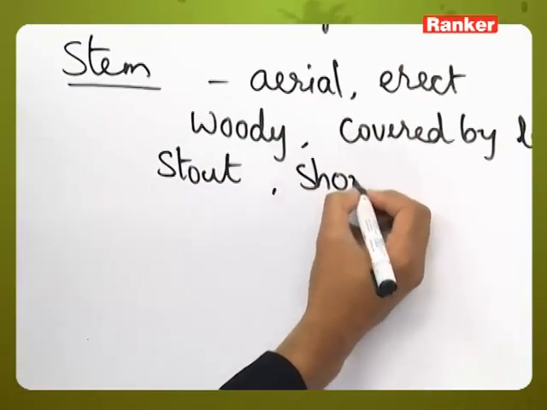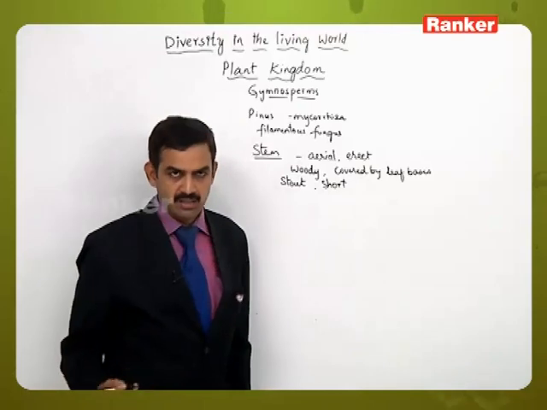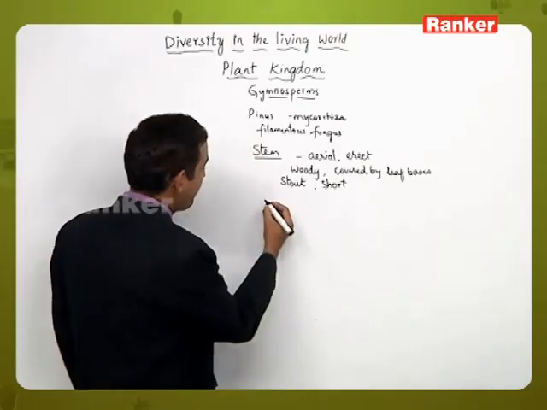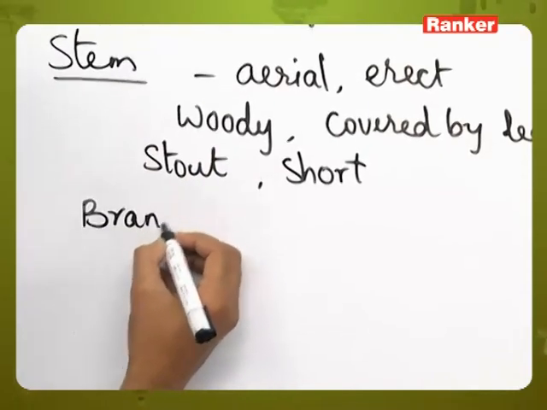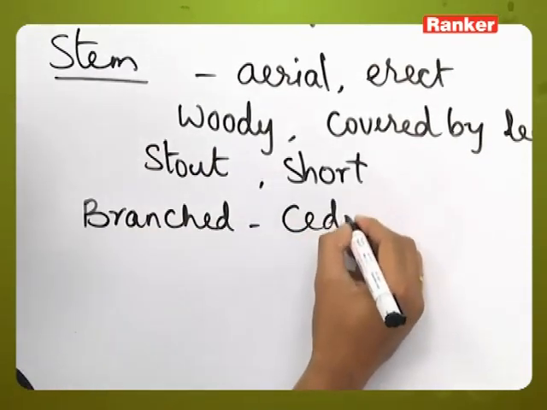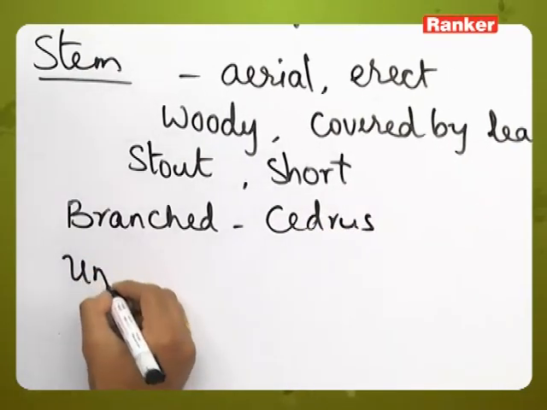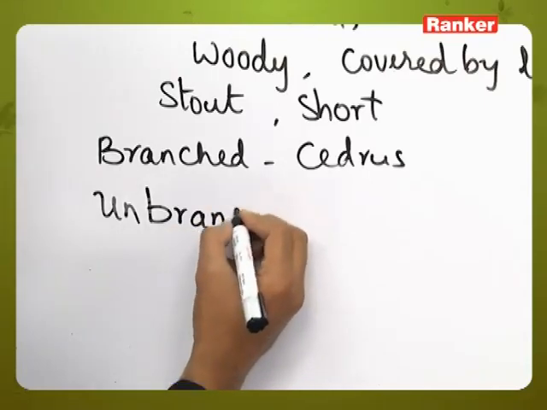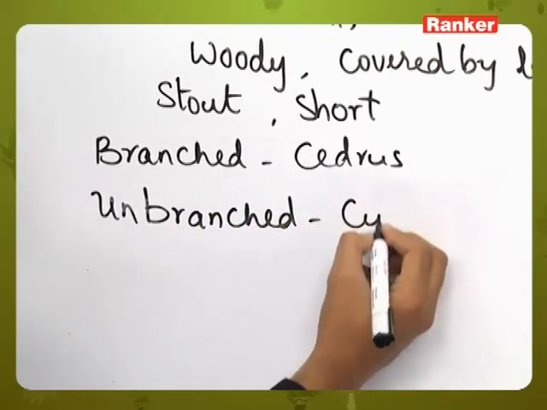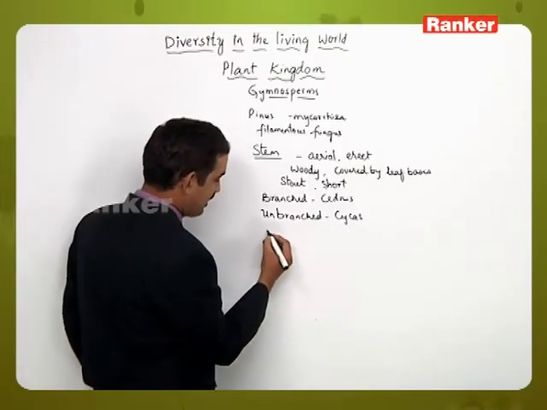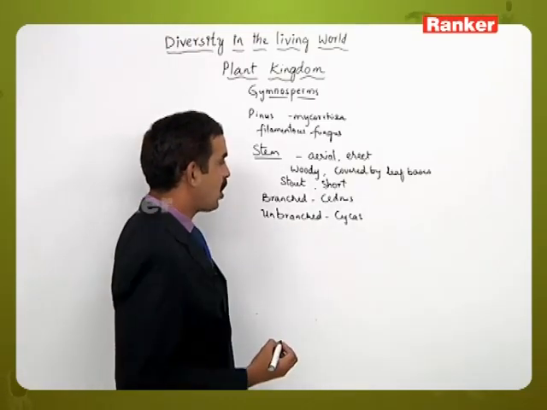In the majority of the members, the stem will be short, and this stem may be either branched, as in Cedrus, or sometimes unbranched, as in Cycas.